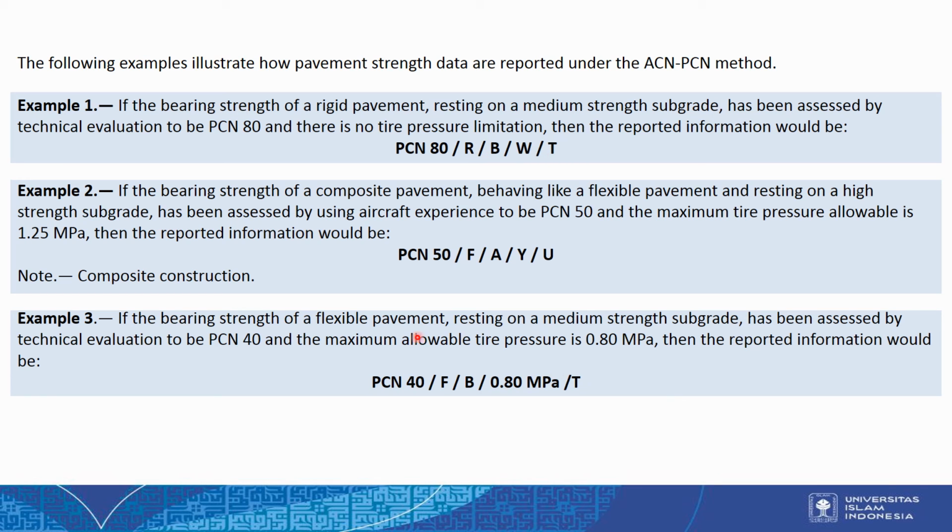Then the second example is, if the bearing strength of a composite pavement behaving like a flexible pavement and resting on a high strength subgrade has been assessed by using aircraft experience to be PCN 50, and the maximum tire pressure allowable is 1.25 MPa, then the reported information would be PCN 50, this is from here, /F/A, F is for the flexible pavement, A is for the high strength subgrade, /Y, Y is for the maximum tire pressure allowable 1.25 MPa, /U.